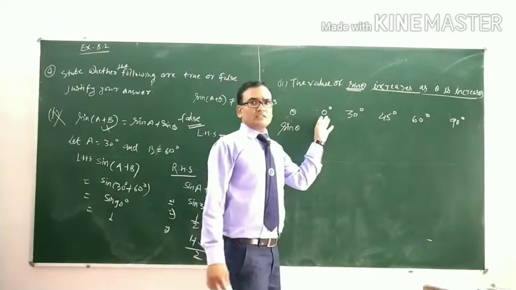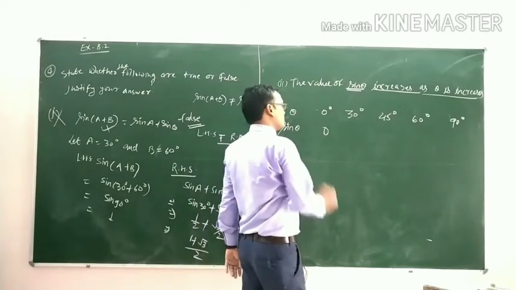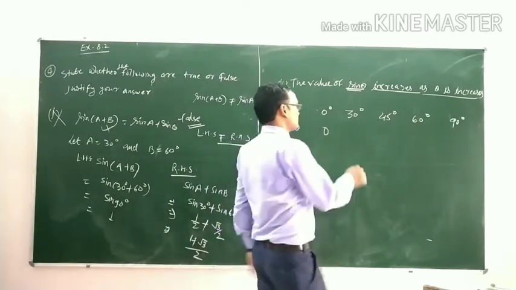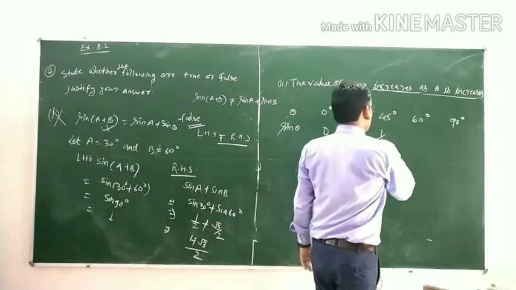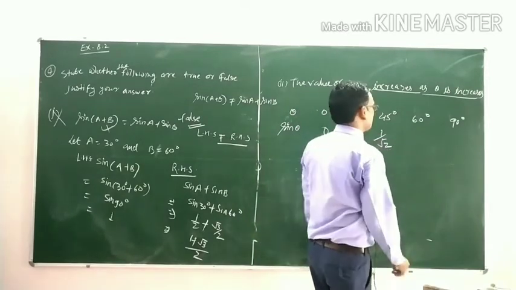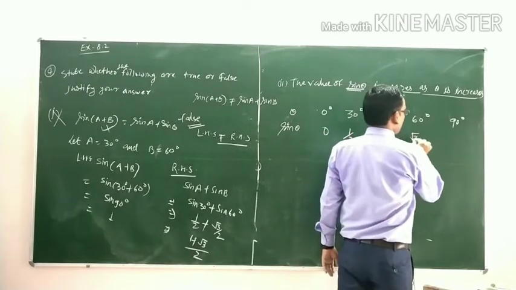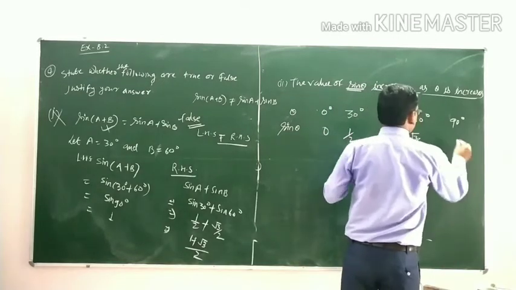Sine 0 is 0, sine 30 is 1 by 2, sine 45 is 1 upon square root 2, sine 60 is square root 3 by 2 and sine 90 is 1.